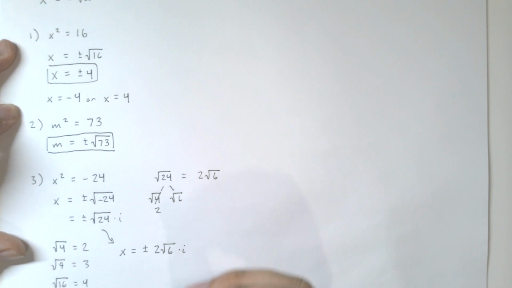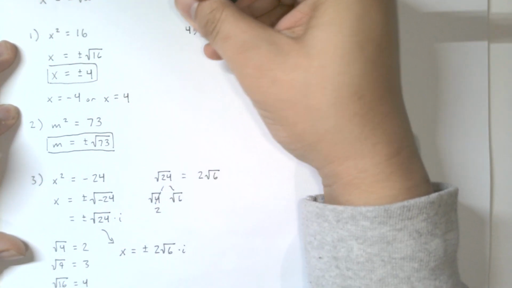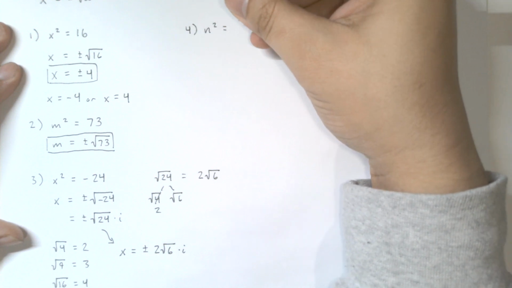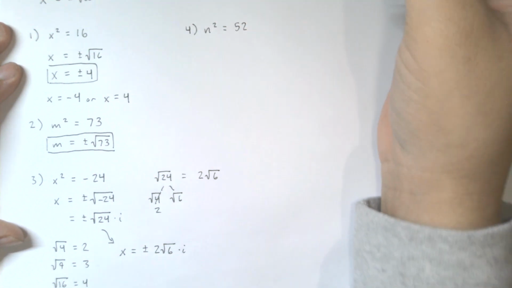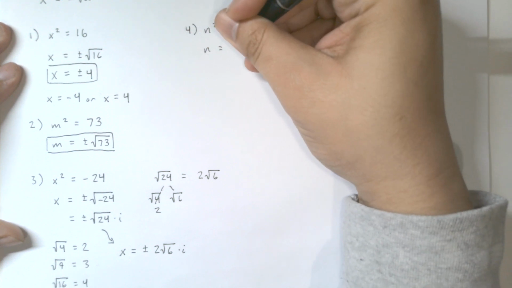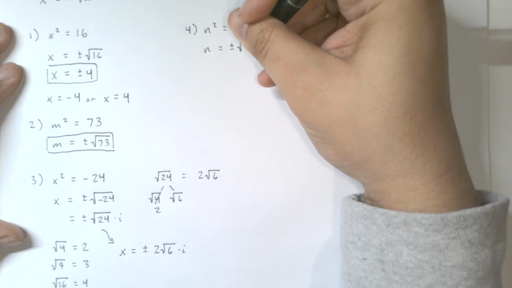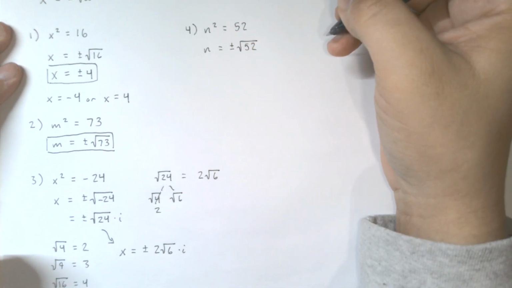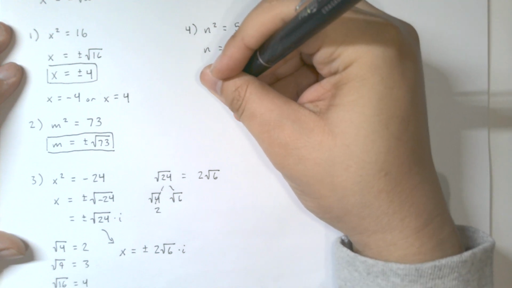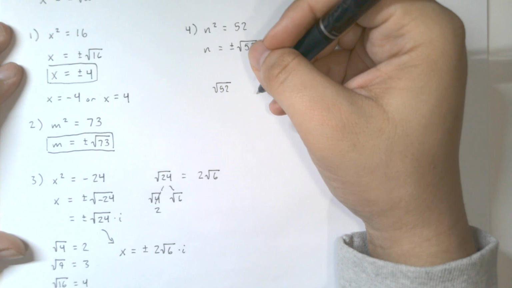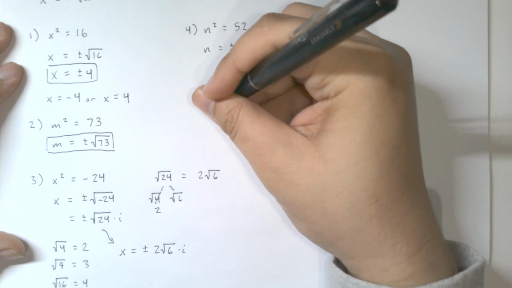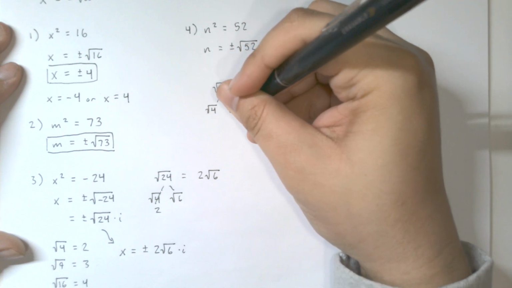For our next example, we have number 4. Number 4, we have n squared is equal to 52. And we take the square root of both sides. We have n is equal to plus or minus the square root of 52. And we check if we can break that down any further. So for the square root of 52, we divide by the biggest perfect square we can think of. That number happens to be 4 and the square root of 13.